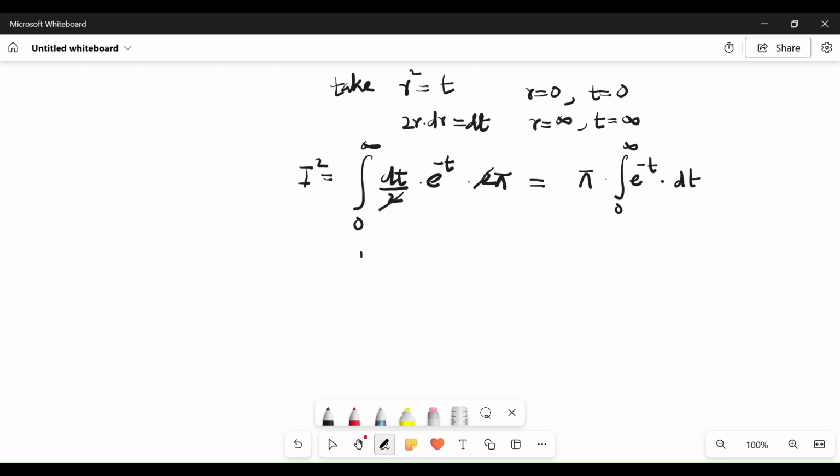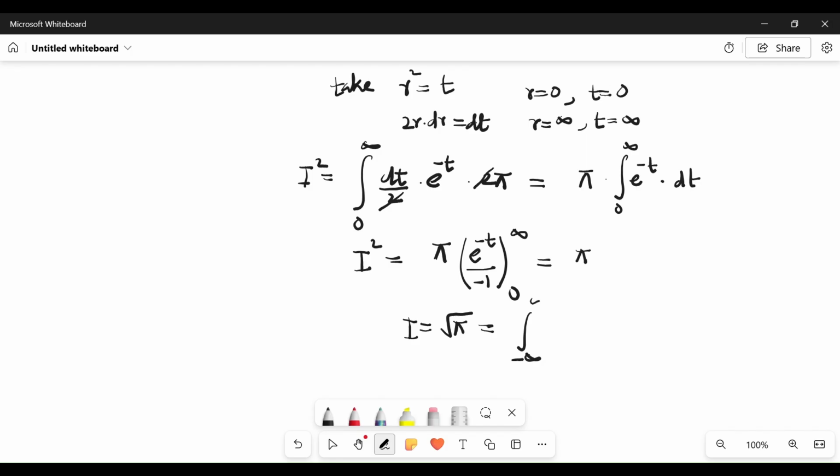So this is I square, and the integration of e raised to minus t is minus e raised to minus t from 0 to infinity. If you apply the limits, you will get this part as 1. This will be pi. But this is I square, so we need to find I, which will be the square root of this. And mind that this I is nothing but the integral from minus infinity to infinity of e raised to minus x square dx. So this is nothing but the Gaussian integral.